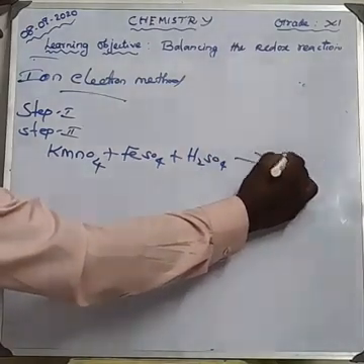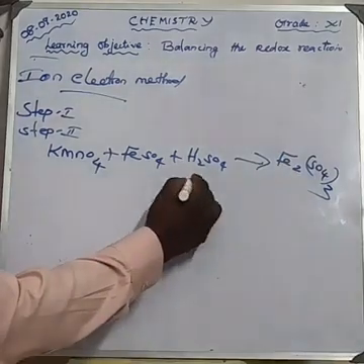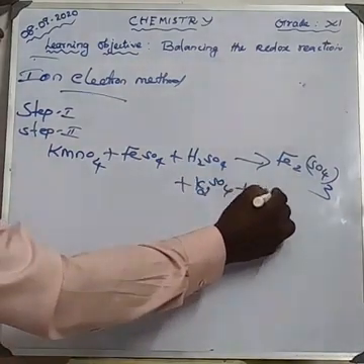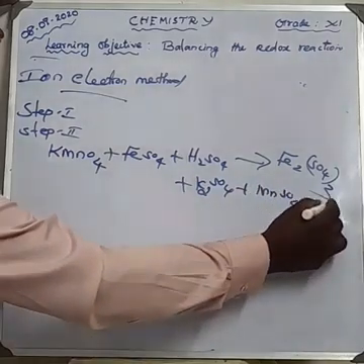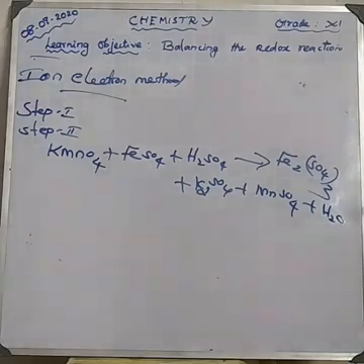We get Fe2(SO4)3 plus K2SO4 plus MnSO4 plus water. Already we learned that equation, many times.